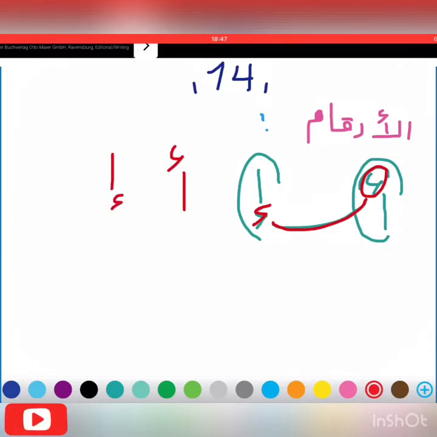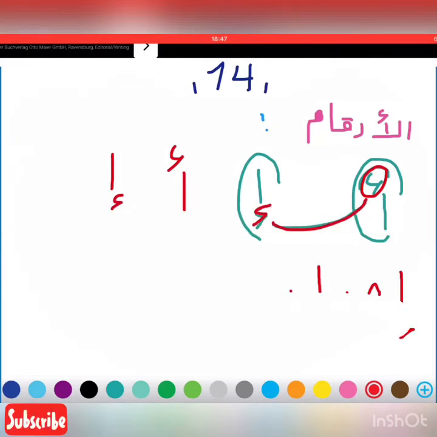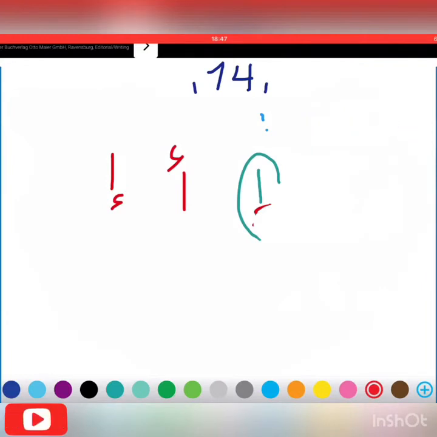So when hamza comes here, we say a. When it comes down here, we say e. So this is why we say ithnan, e, tha, na. Ithnan, 2. Delete it now. Ithnan.